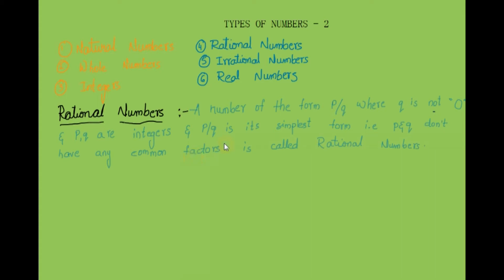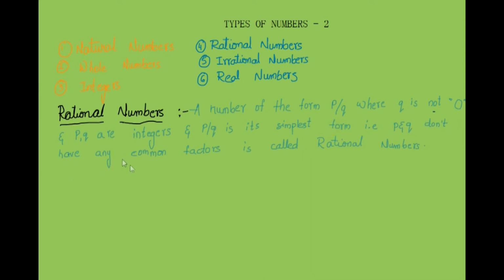A number in the form of p by q, where the denominator q is not equal to 0, and p, q must be integers, and p by q is in its simplest form, so they should not contain any common factors. That is called a rational number.